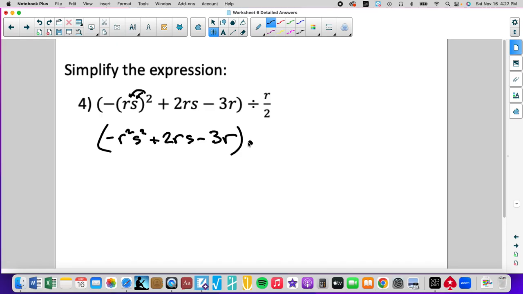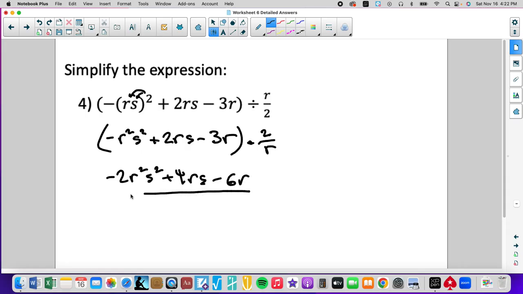Instead of doing division, let's do multiplication, taking the reciprocal. So we'll distribute the 2 in there. You have to distribute it in. So negative 2r squared s squared plus 4rs minus 6r all over r.